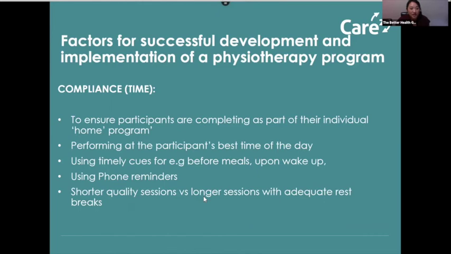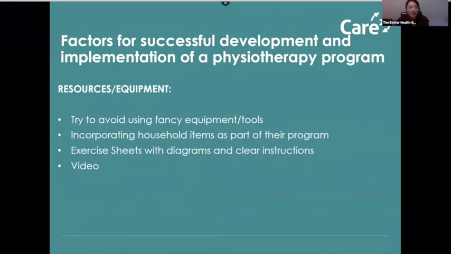So another factor for successful development and implementation of the physio program is considering the resources and equipment. As mobile physiotherapists, we try to avoid using fancy equipment or tools that you may see in private practice, for instance. Maybe the most we might utilize would be TheraBands for strengthening. Really, what we try to utilize is what's around the home, so if we are doing sessions at home, incorporating household items as part of their program.